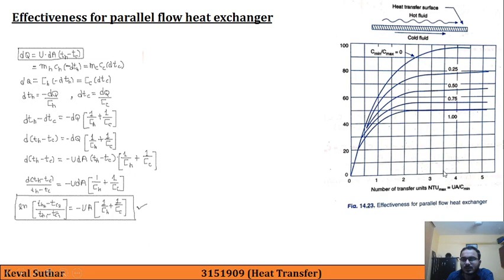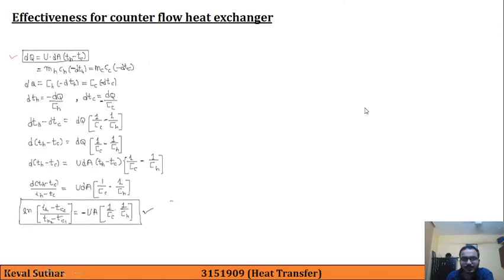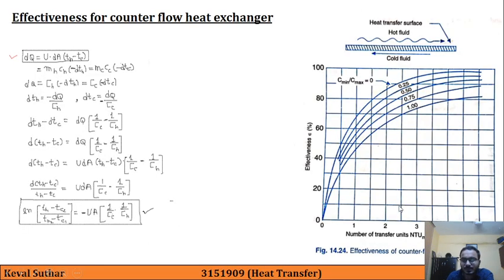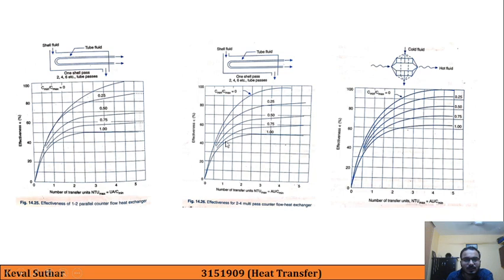So the intersection of this vertical line and this curve will provide us effectiveness, and the same is applicable here with this NTU line and this capacity ratio curve. We can obtain the effectiveness, and these are similar graphs for effectiveness of various kinds of heat exchanger. So we can directly get the value of effectiveness from these charts.